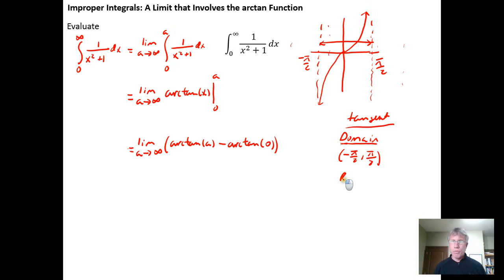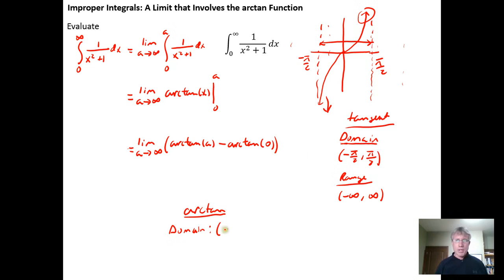And if we do that, the range of the function, the outputs, we can see that they're going to run from negative infinity, the tangent function goes to negative infinity, all the way to, hey, the tangent function's giving outputs going towards positive infinity. So what we want to remember with the arctan function, because it's the inverse function of the tangent function, the range of the tangent becomes the domain of the arctangent.